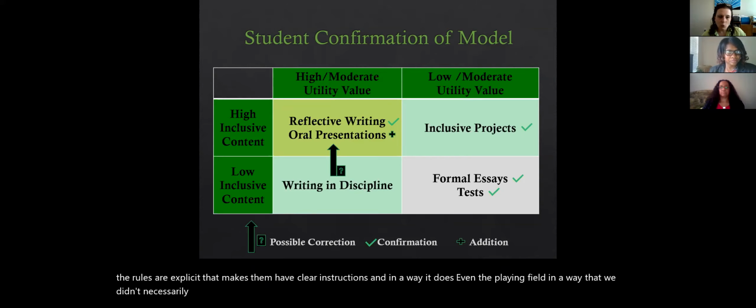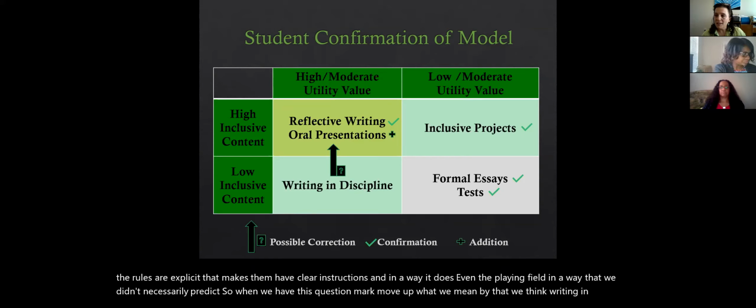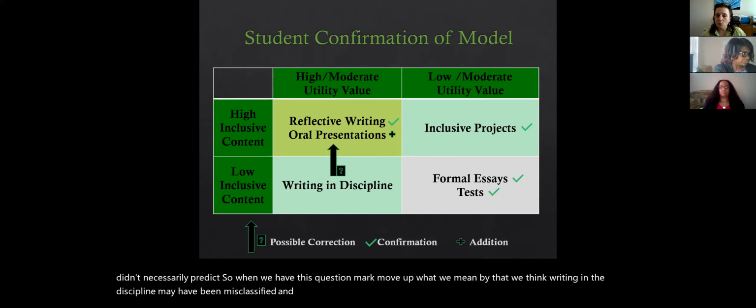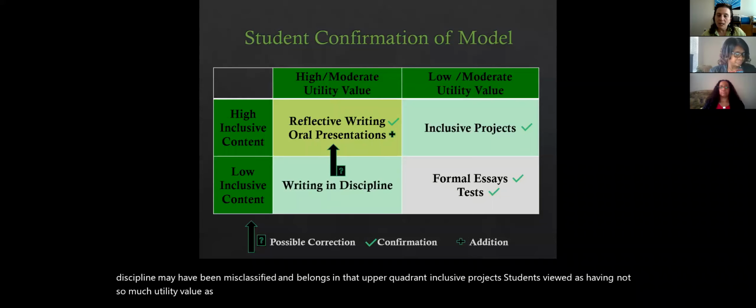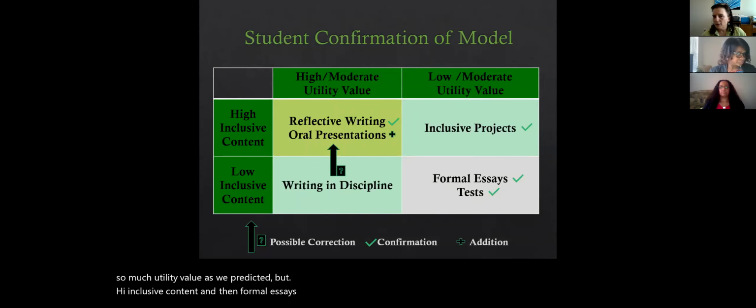So when we have this question mark move up, what we mean by that is that we think writing in the discipline may have been misclassified and actually belongs in that upper quadrant. Inclusive projects, students viewed as having not so much utility value as we predicted, but high inclusive content. And then formal essays and tests fell exactly where we predicted they would, being both low in utility value and low in inclusive content.